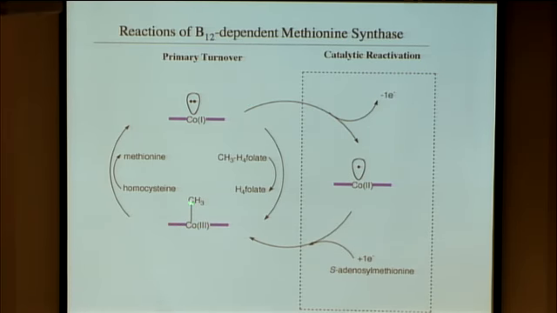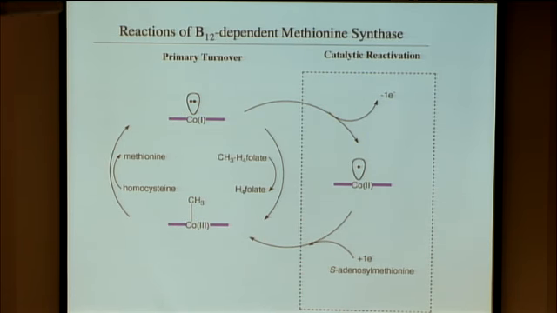It gives the methyl group, the CH3 group, up to homocysteine to form methionine, and then you're in a +1 state of cobalt here. But this state can lose an electron, and you can have what's called the Cob(II) form of the enzyme, which you need to put another electron in and reduce it to go back, and you also need to methylate it again. And the methyl group comes from S-adenosylmethionine.